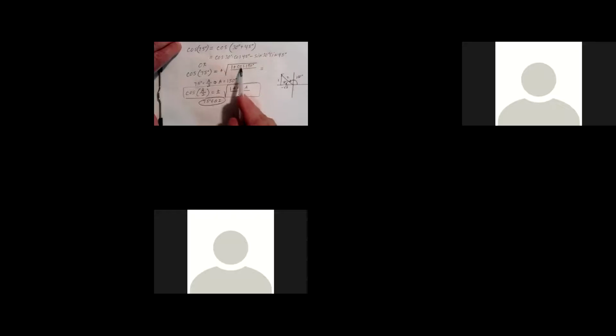So my point is the cosine of 150 degrees is going to be negative square root of 3 over 2. So this is going to be the positive square root of 1 minus the square root of 3 over 2, divided by 2. You see that there? Which when you simplify this, you'll have the square root of, another name for 1 is 2 over 2.